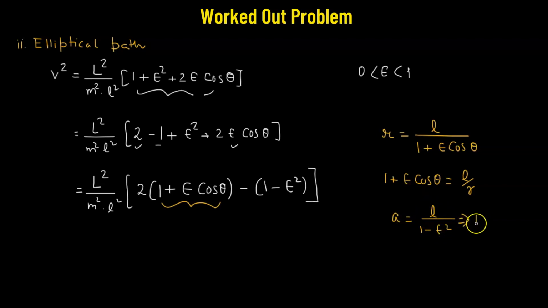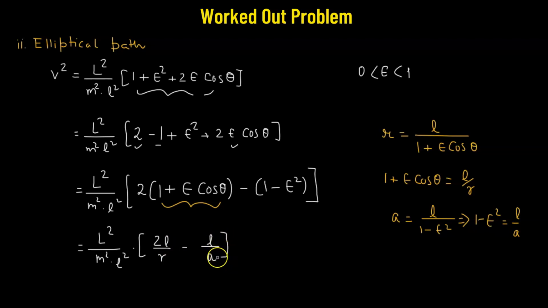So that means 1 minus epsilon squared will be simply L divided by the semi-major axis A. So let's substitute these values here. We have L squared divided by M squared times L squared, and this becomes 2 times L divided by R minus L divided by A.